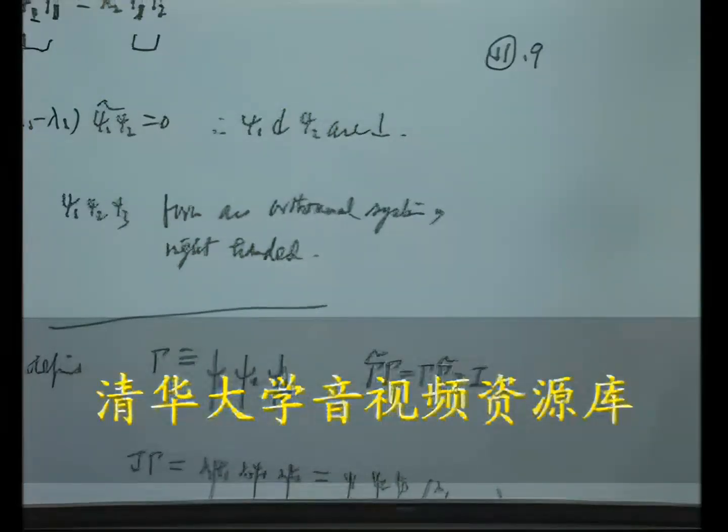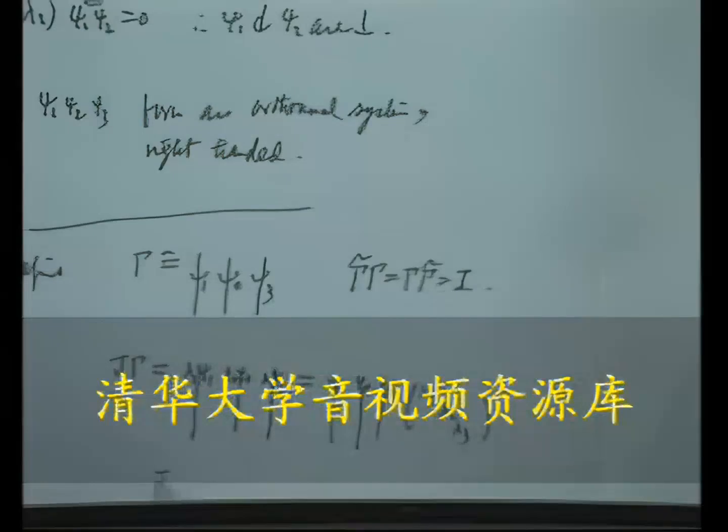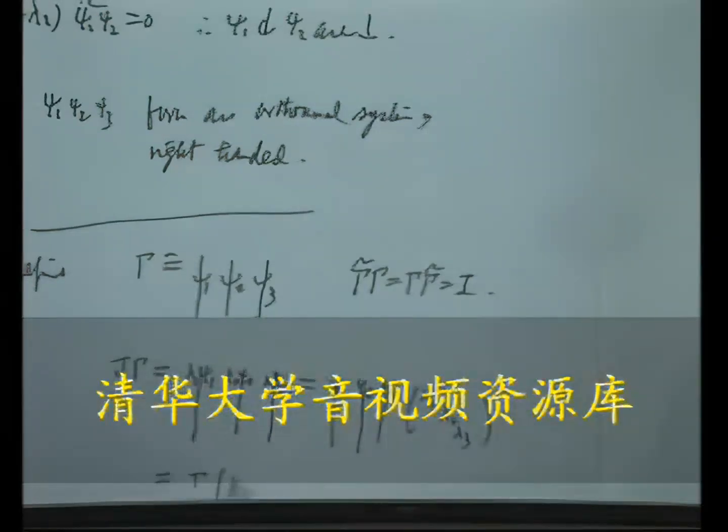So it's this. In other words, this is equal to gamma times the diagonal matrix. If I now take the inverse of gamma, I get gamma tilde. Gamma and gamma tilde are inverses of each other.